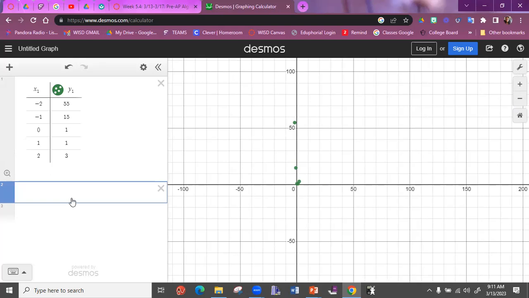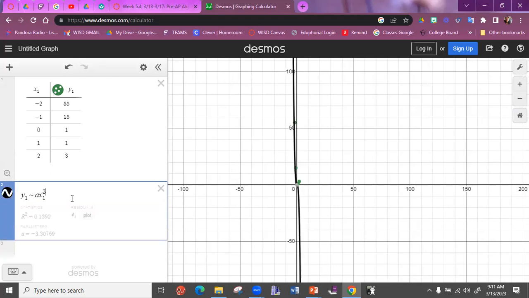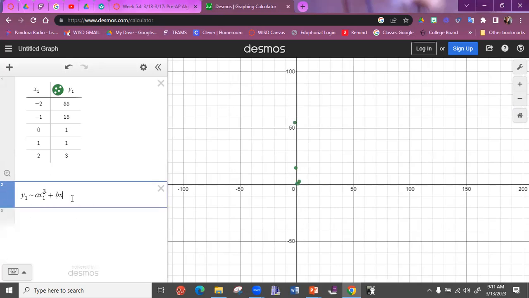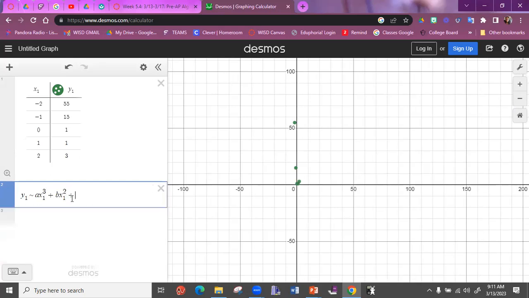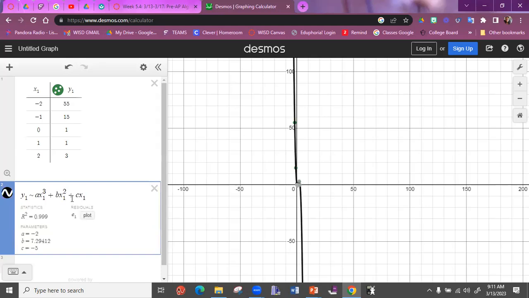We already said that we had to use the cubic one, so we're going to write y1 tilde ax1 to the third, and remember, to get a power you hit shift 6, plus bx1 squared plus cx1 plus d.